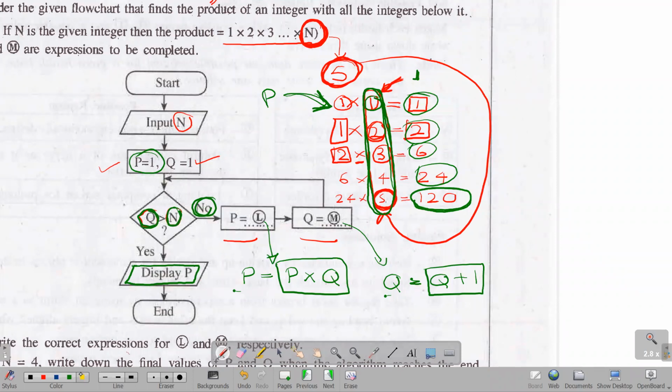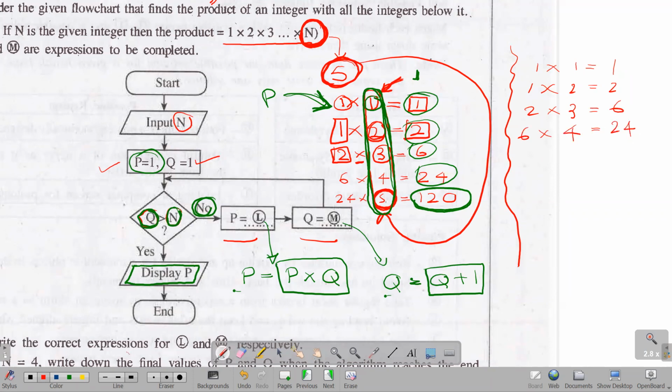If it is 4, what they are providing, so what will happen is 1 into 1 will happen, equals 1. Then 1 into 2 happens, equals 2. 2 into 3 happens, equals 6. 6 into 4 happens, equals 24. Right?